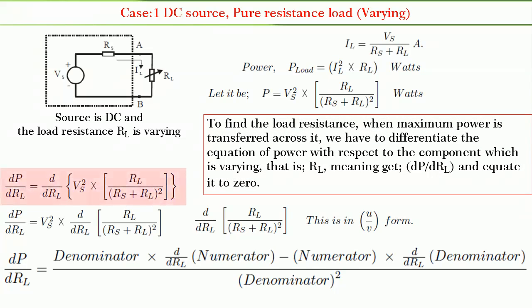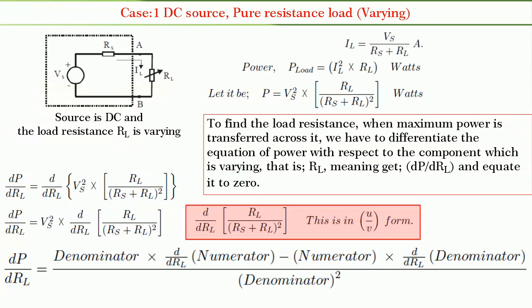Hence, dP by dRL is equal to d by dRL of Vs squared into RL divided by Rs plus RL whole square. Here Vs squared is constant and d by dRL of this is in u by v form.